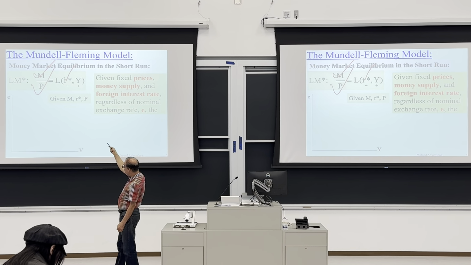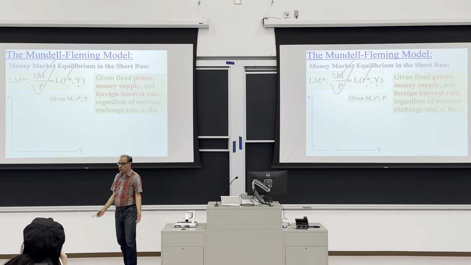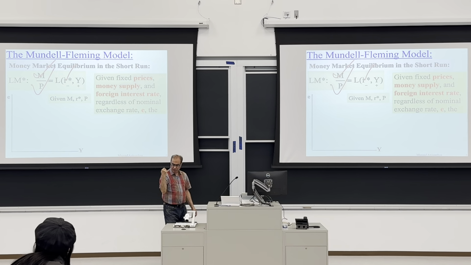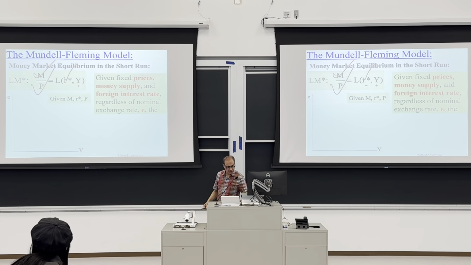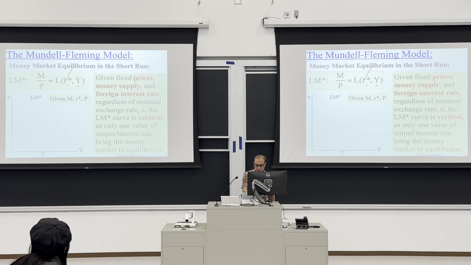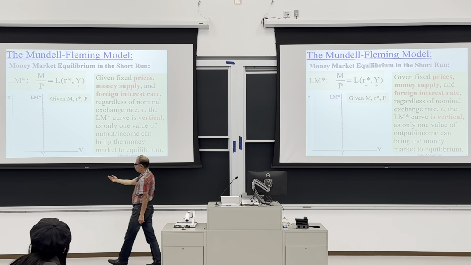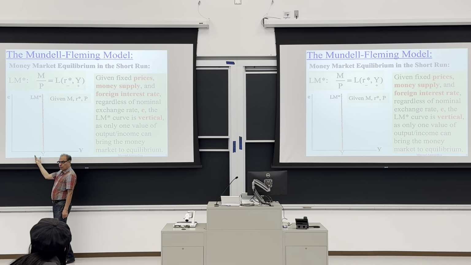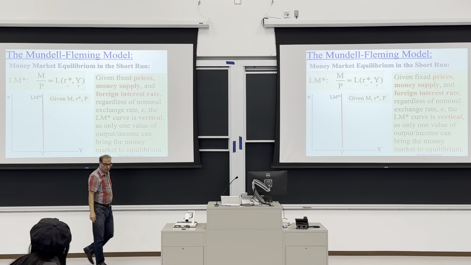So for given M, given P, given R star, there is only one possible income level that can bring money market to equilibrium. Can you see it here? So as you can see, as I said, there is no exchange rate over there. So it's vertical. This is just vertical.